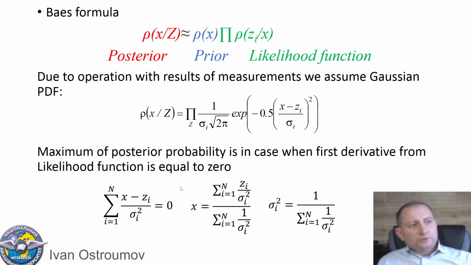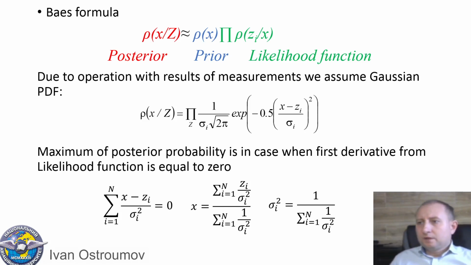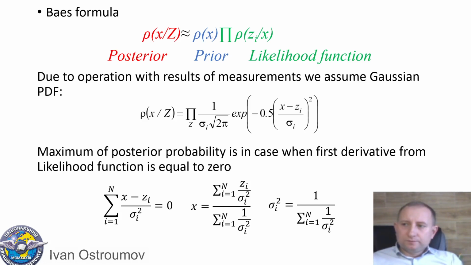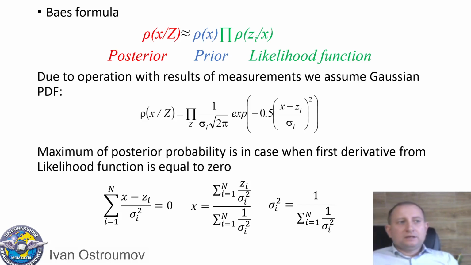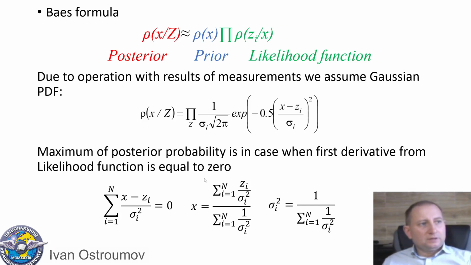In our previous video, we discussed the maximum likelihood method, which fuses the data with a maximum posterior probability, which means minimizing errors. That's why the result of fusion will be represented in two formulas, one for fused data and one for dispersion of this fused value.